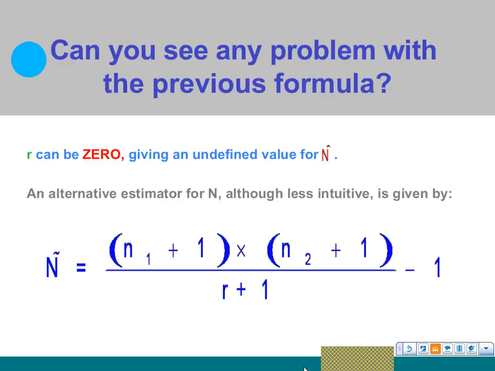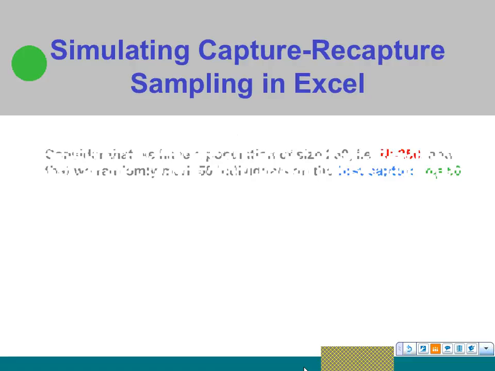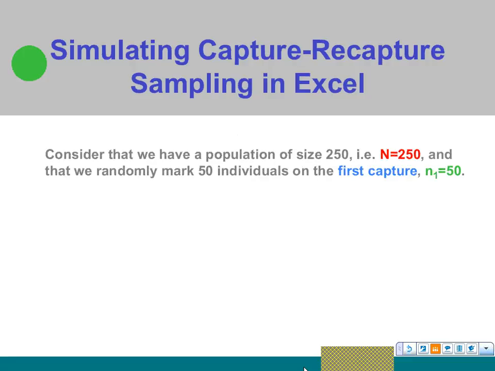Now I'm going to show how we can simulate this procedure using Excel. Let's see what we have. For our simulation, I'm going to consider a population of size 250. So I know capital N, and we're going to randomly mark 50 individuals in the first capture, so N1 is equal to 50.